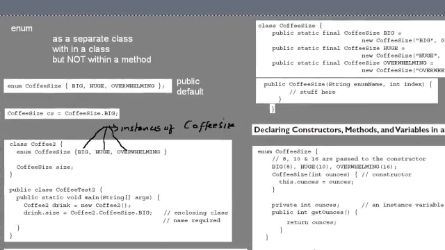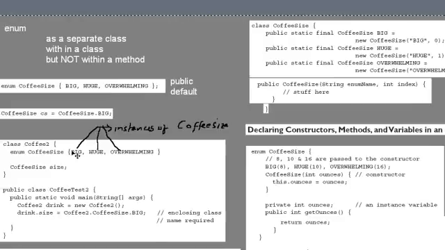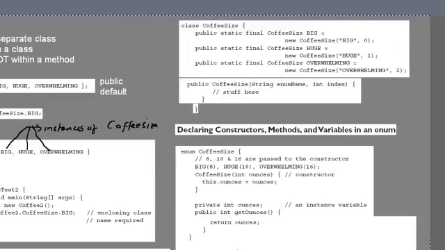Okay, so you could think of each one of these as an instance of CoffeeSize. So you could think of each one of the enum values as objects created of type CoffeeSize, and they're also constant values.